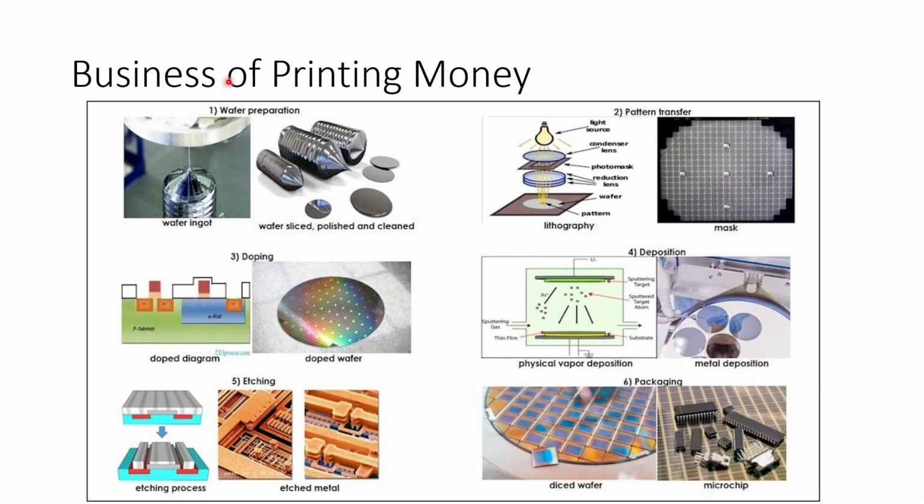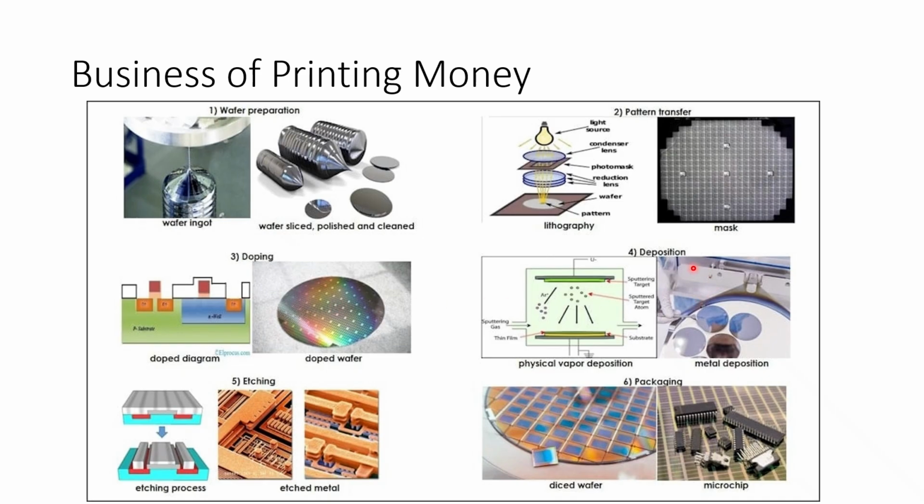The business of printing money utilizes several different classes of manufacturing techniques. For example, wafer preparation. For example, pattern transfer using light. This is called photolithography. You have the process of doping, which introduces dopants, impurities, into the silicon to change its conductivity.